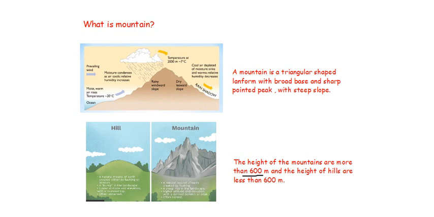And of course, the topmost part of the mountain, that is called peak, it should be pointed. On the other hand, if the height is less than 600 meters, then we call it hill. And unlike mountain, the upper part of the hill is rounded in shape.